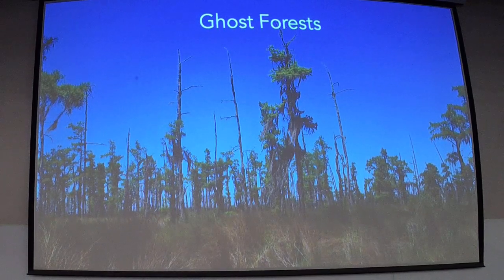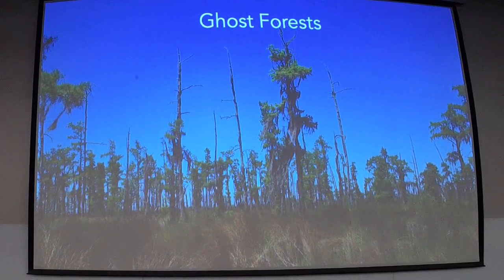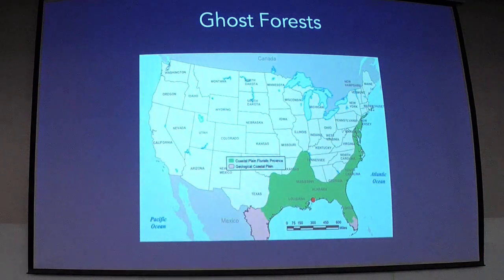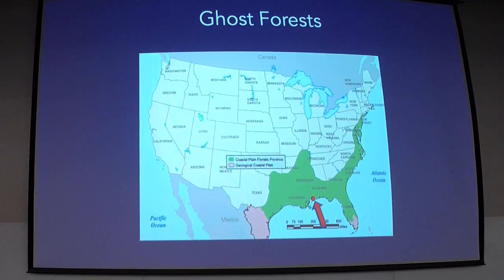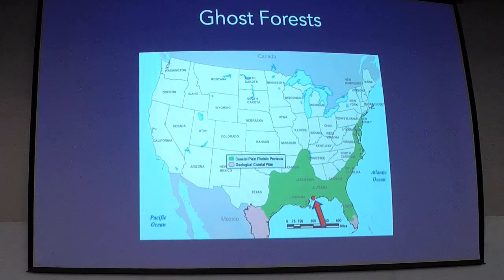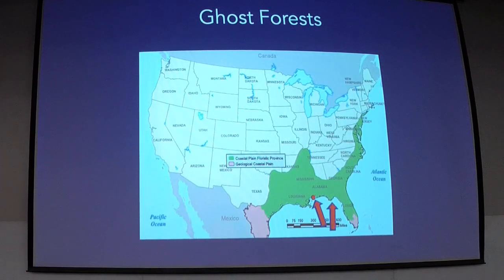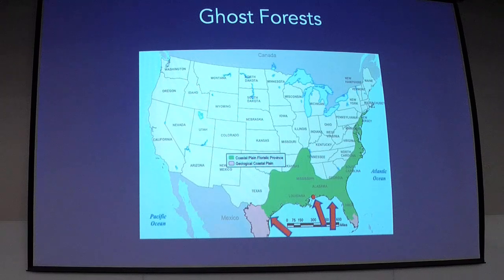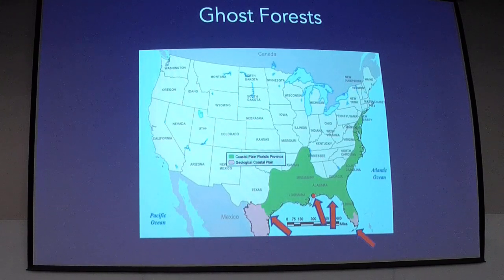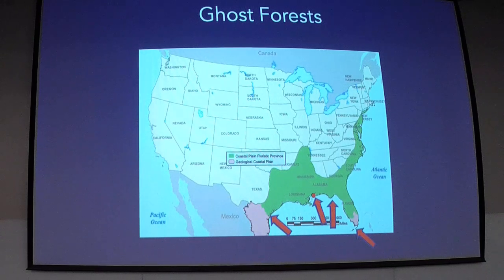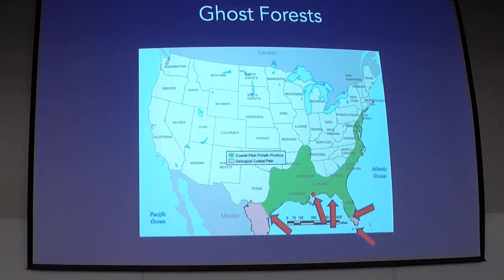But ghost forests are something that we actually see all over the world. We're going to talk a little bit about ghost forests here in the Gulf South today, but really if we look all around this map, not just in the Gulf coastal plain, we can see ghost forests here in the panhandle of Florida. We can go west and see them in Texas. We can go further south into Florida and find them, and then all the way up the East Coast.